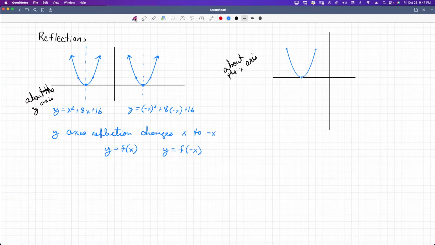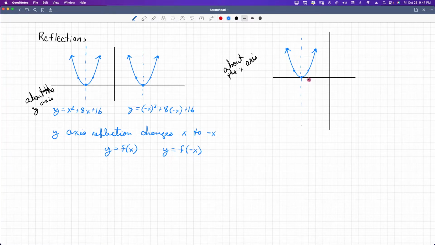So this function right here, this parabola, is the same as my other one. My points are the same. But now I want to reflect it down across the x-axis, or about the x-axis. I still have the same line of symmetry that I had before, but now I'm going to reflect it about the x-axis, right?